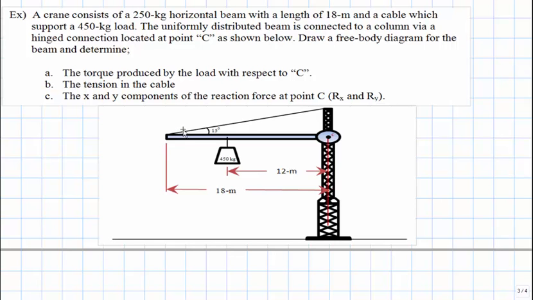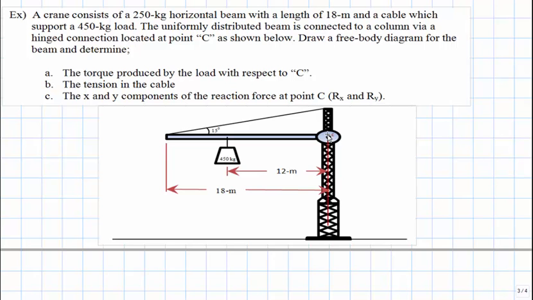Finally, let's also note that there's a reaction at the hinge location between the vertical column and the beam. In other words, the vertical column creates a force at this center of rotation. We call that the reaction force. We will represent the reaction force in terms of its x and y components, labeled as R sub x and R sub y.